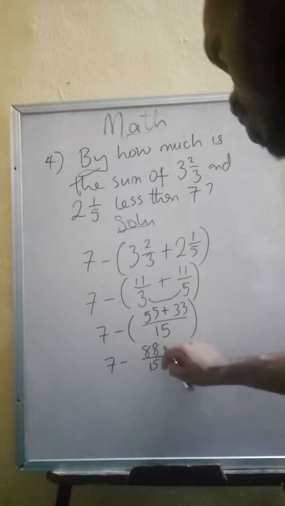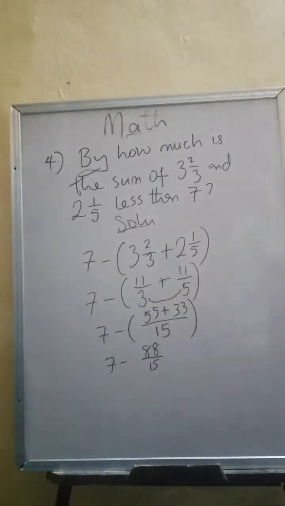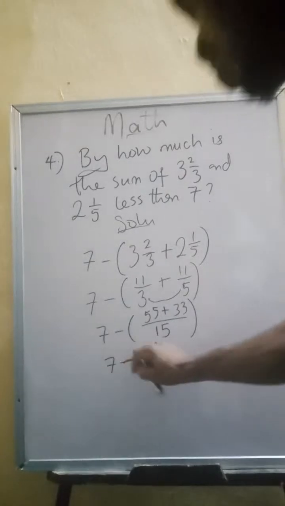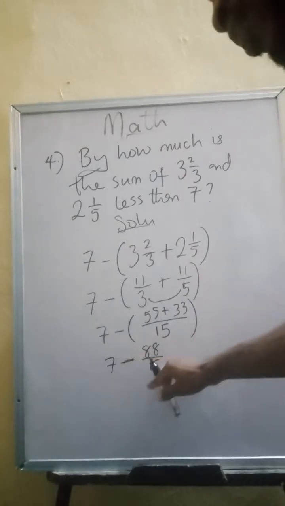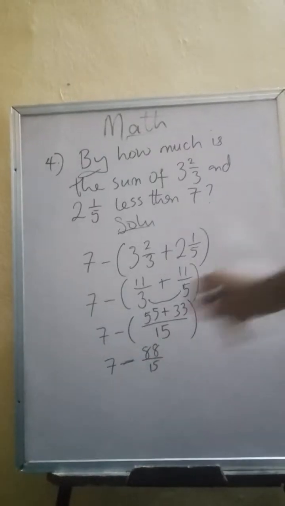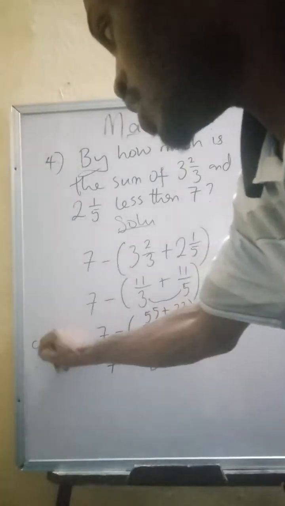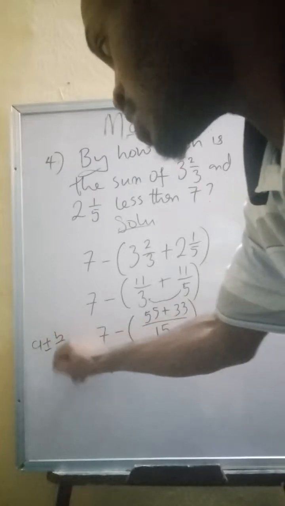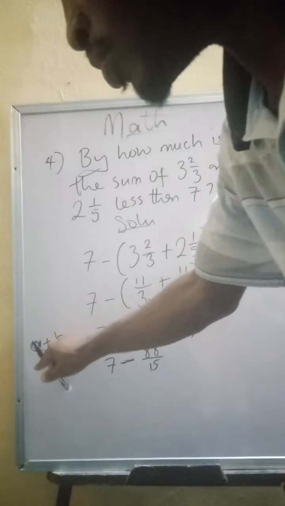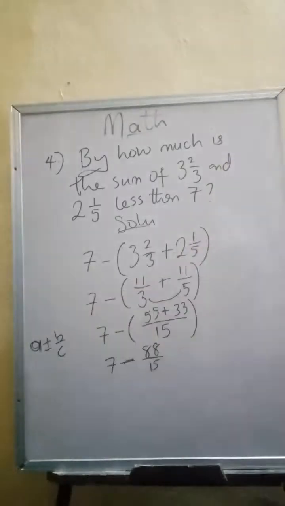Now you don't need the bracket anymore. 88 over 15. Now move on from there. Whenever you have a whole number and a fraction with a plus or minus in between, here's what you could do. Let's write it this way: A plus or minus B over C. If there's a whole number, then you're adding or subtracting a fraction from it.